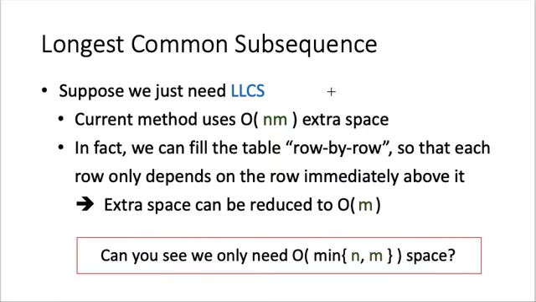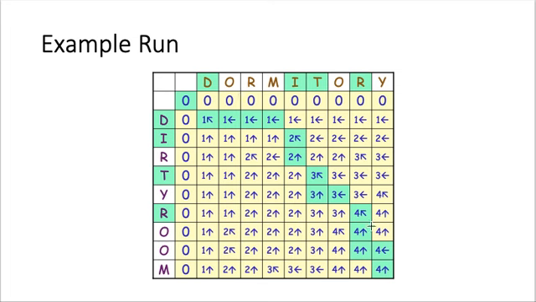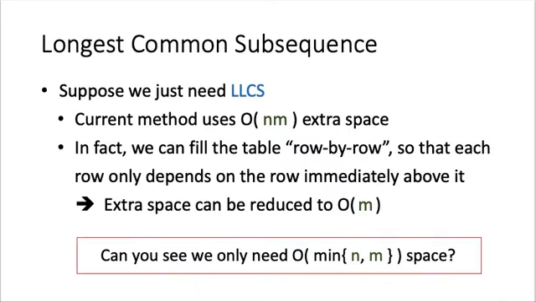There are some extra points. Suppose that we just need LLCS rather than LCS. Suppose that we just need the value of 4 rather than doing this backtracking. An interesting thing here is that we can actually save some working space.